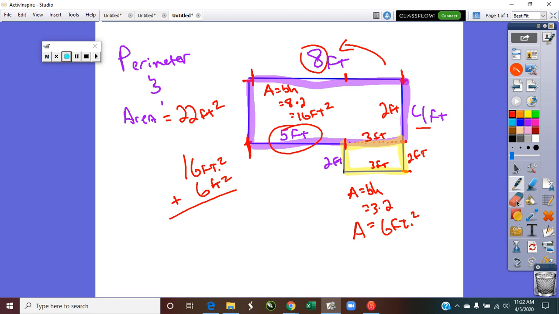And if I remember, I'm going to go a section at a time. Okay, and let's just start up here at the top this time. So I'm going from here all the way to here. And what does that give me? That gives me 8.